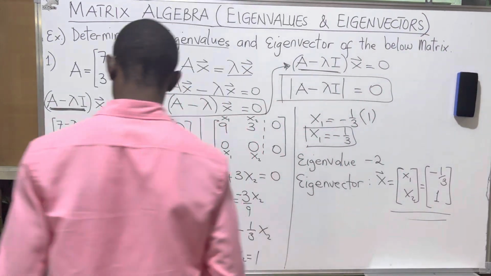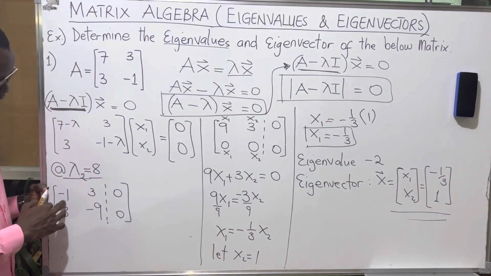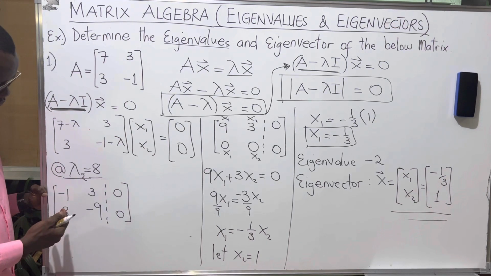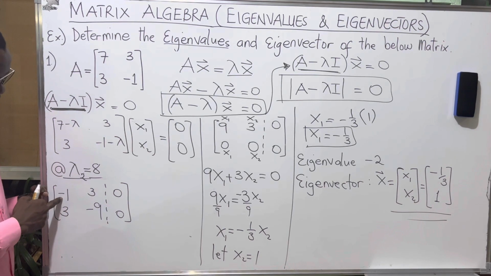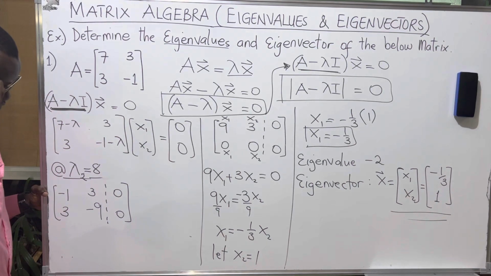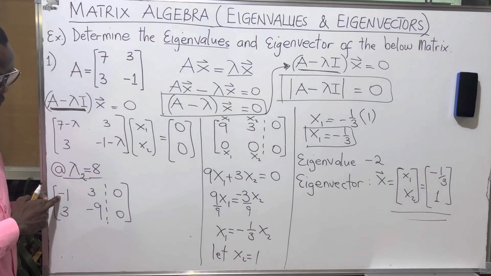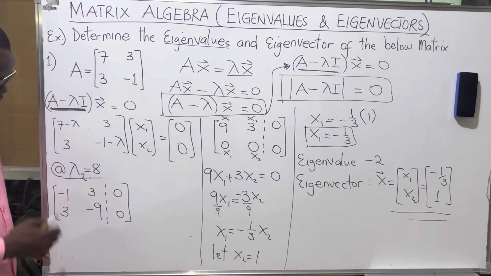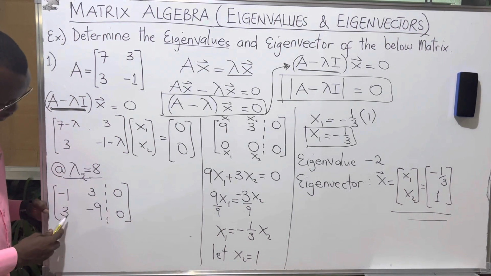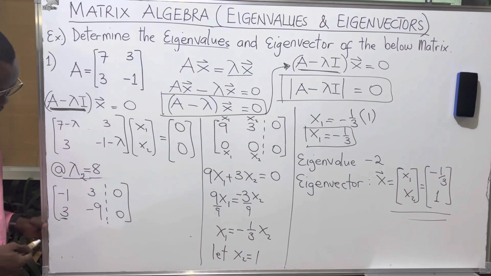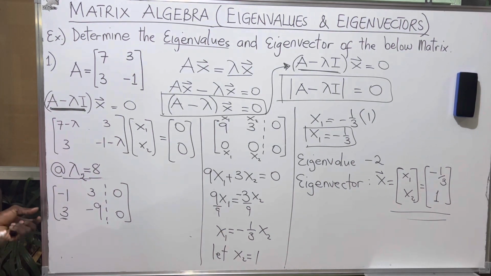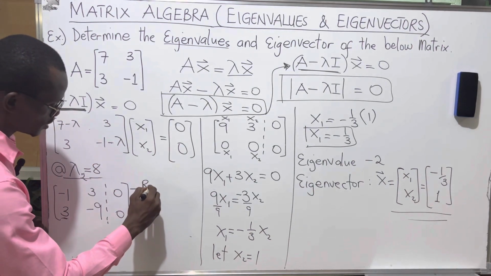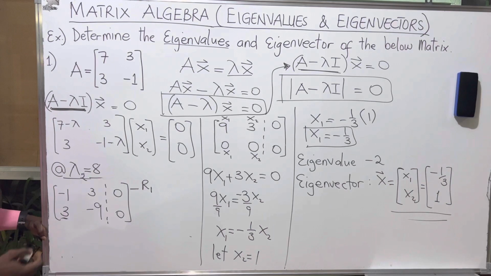Since we have minus 1 here, we need a 1, so we can make this a leading one by multiplying it by negative. So let's attach negative to row 1 to make this a leading one.